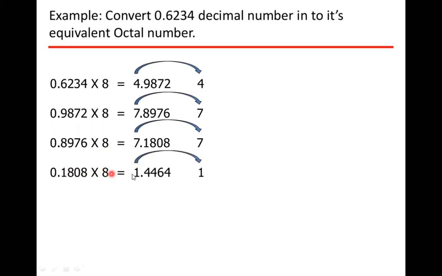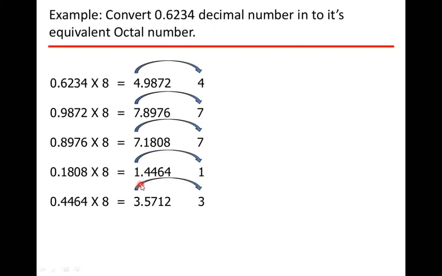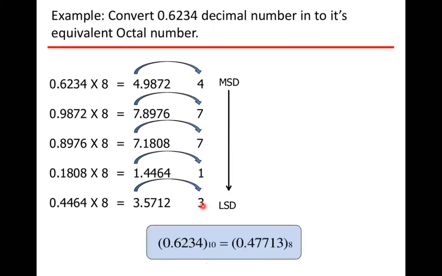Then 7 is over. Then this is multiplied by 8. So 1.4464. 1 we have to collect onto this side. And the 0.4464 should be multiplied by 8. This comes to 3.5712. And 3 should be collected over here. So 5 digits is enough. Now how is the answer taken? From the main scale, from the most significant digit to the least significant.